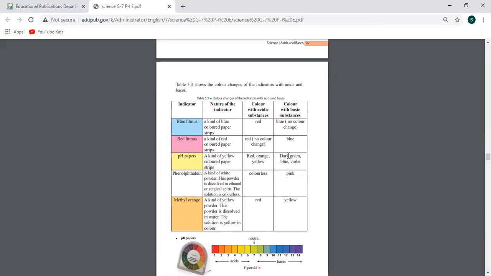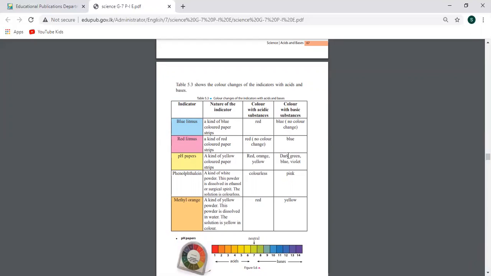That means when we eat sour things, we get kind of angry, and when we get angry, in cartoons, the face becomes red. So in blue litmus and red litmus, in the acid substance, the color is red.